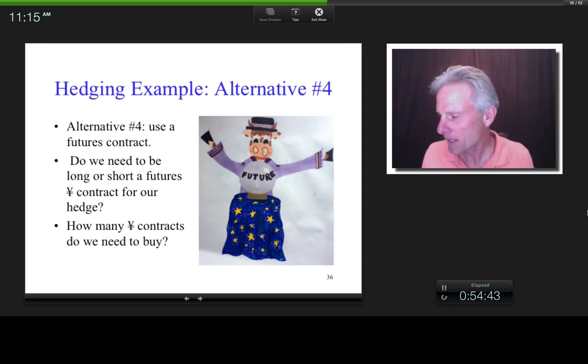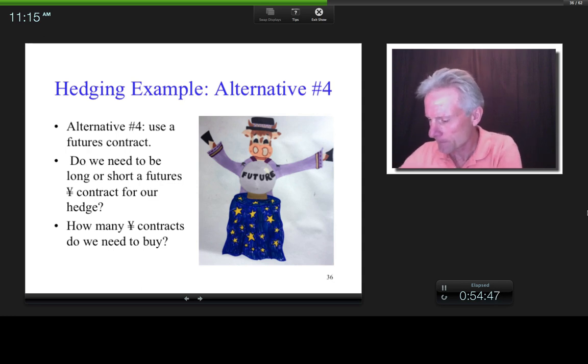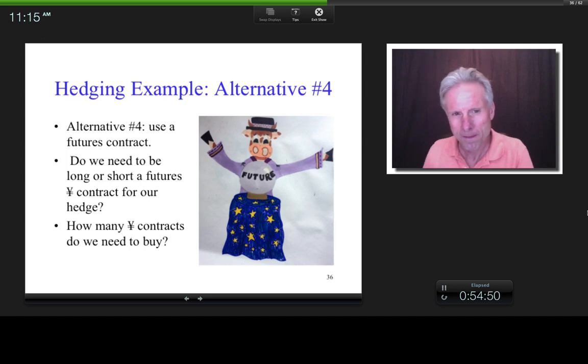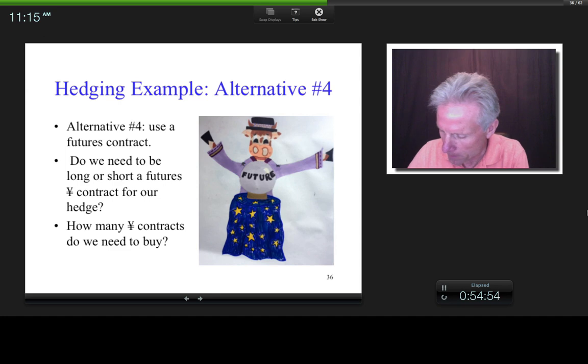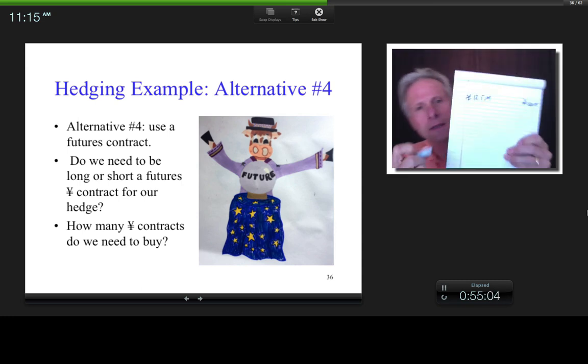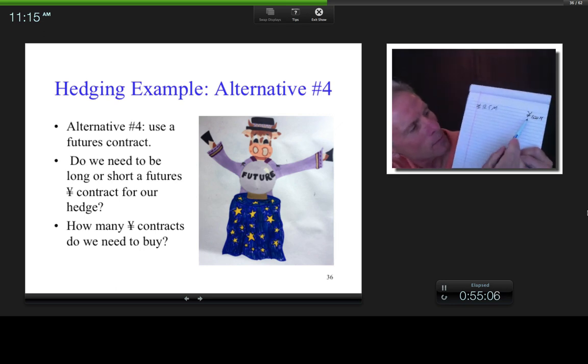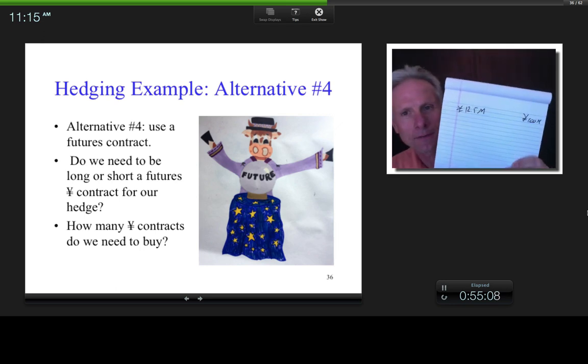But in any case, if it takes 12.5 million yen to have one contract, but we want to hedge how many yen in total? 100 million yen, right?